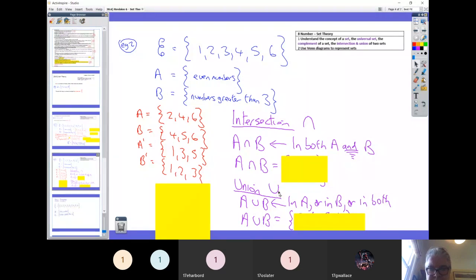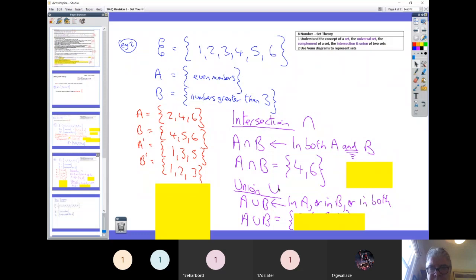Intersection, which is this sign here, is when a number is in both A and in B. So A intersection B means that you've got to be in both A but also in B. So which numbers are in both? You can see that's the 4 and the 6. The 4 and the 6 are both in A and in B.